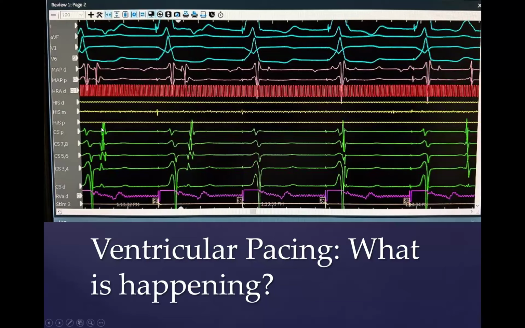So we have VA, VA, V, no A. Okay, and then what happens in this beat? We have the V waves, but the A waves are occurring at an interval very close to the V. And then we have V waves, and then no A waves.